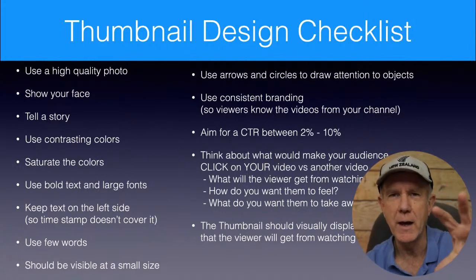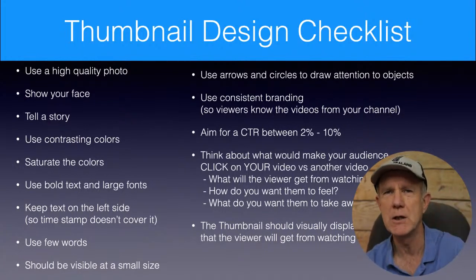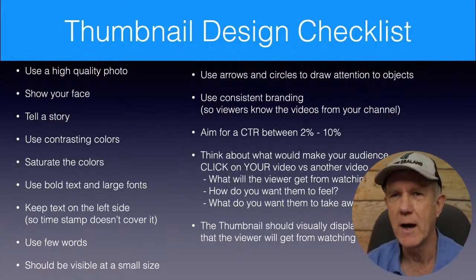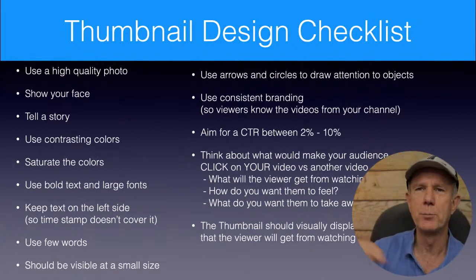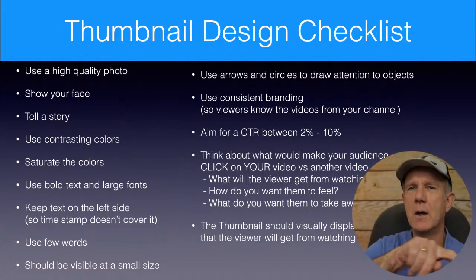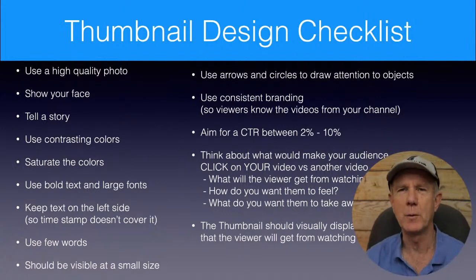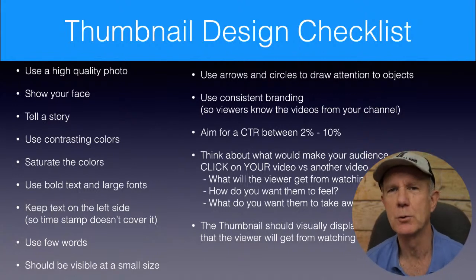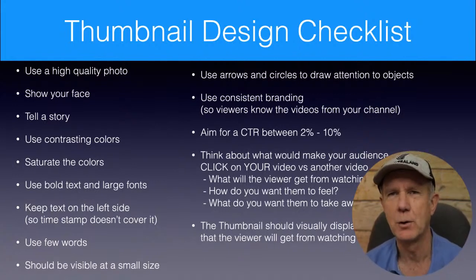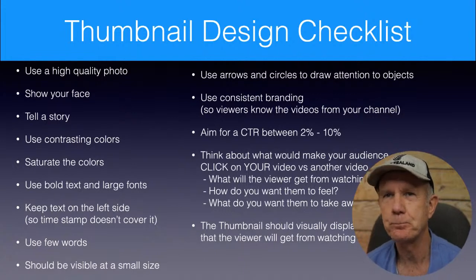So say you do a screenshot of your analytics, then you can put a red arrow, or you can do a red circle, and then when people see the thumbnail, automatically it draws the viewer to that particular object or what you want them to see.